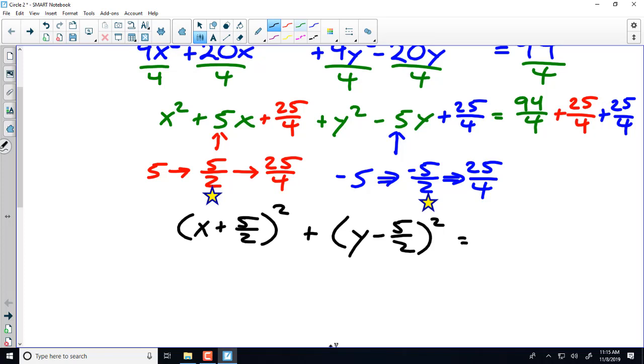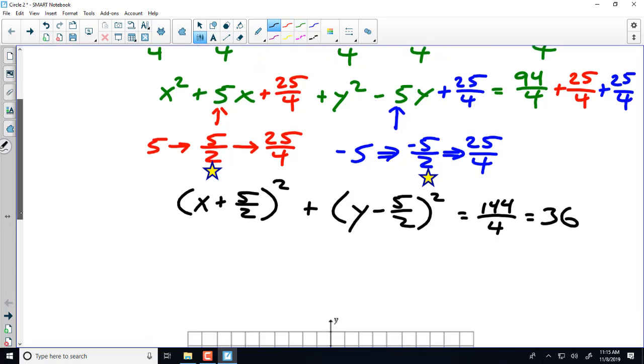And over here on the right, we have 94 plus 25 fourths plus 25 fourths. We can do that just because the denominators are all 4. So that's going to be 144 over 4. 144 over 4 is actually just going to be 36.